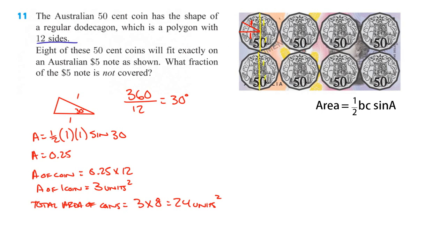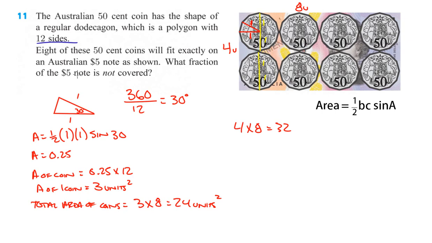So the height of this whole thing will be 4 units. And each coin is going to be 2 units wide, so there's 2, 4, 6, 8. It's going to be 8 units wide. So we can figure out the total area of the bill by saying 4 times 8 is 32.